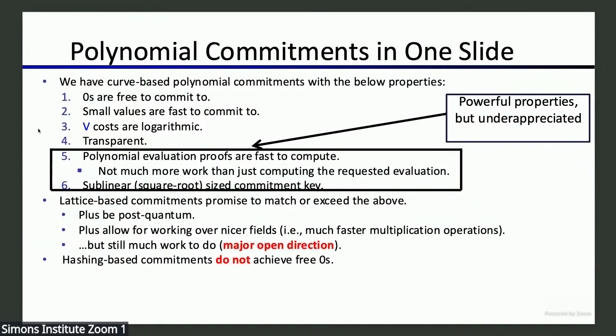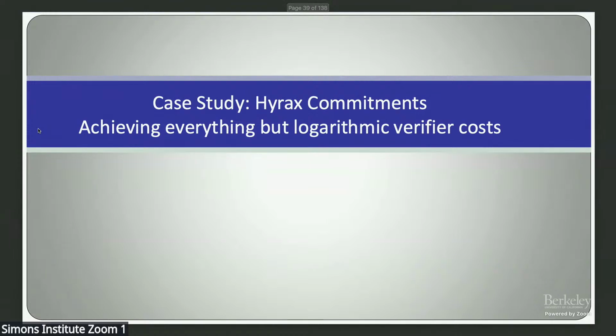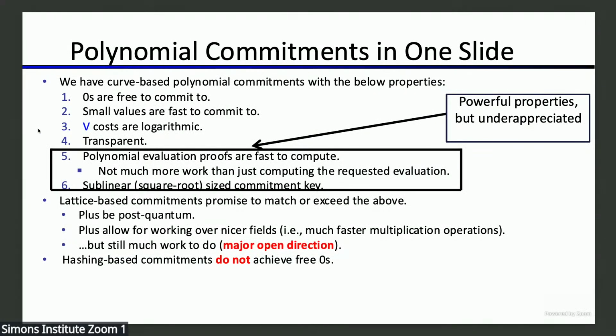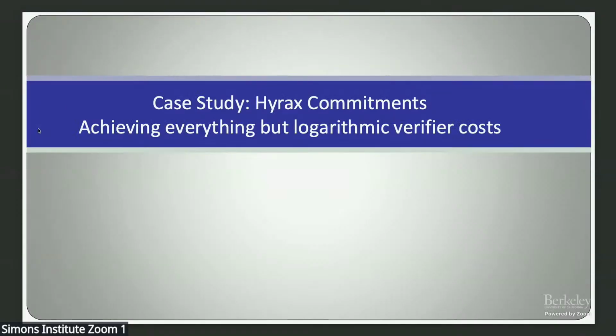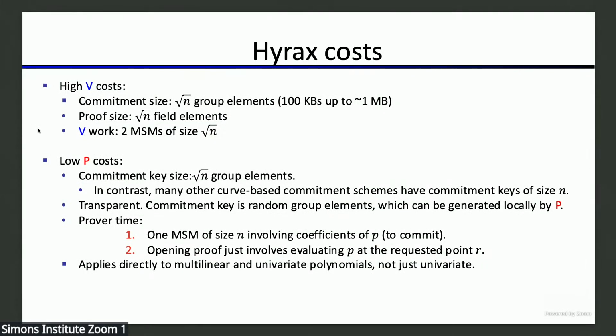Okay, other questions? All right, so let me just quickly cover one commitment scheme just so you can see what an evaluation proof might look like, but also so you can see how you might achieve these two properties, okay? So this is called Hyrax, although it was based on an earlier paper of Bootle and others. The big downside here, which is exactly what we were getting at with your question, is that the commitment size and the proof size are square roots, not constant or log, okay?